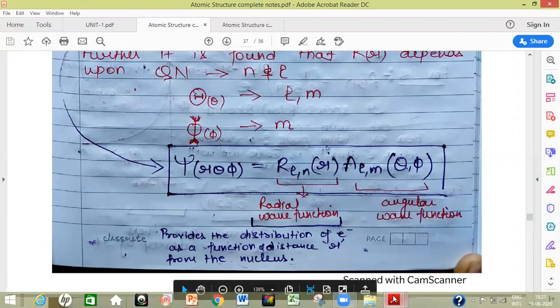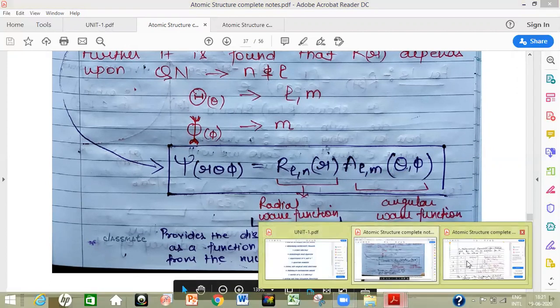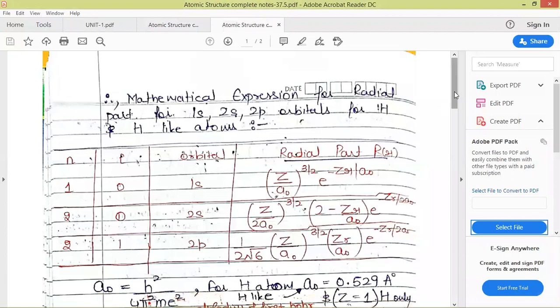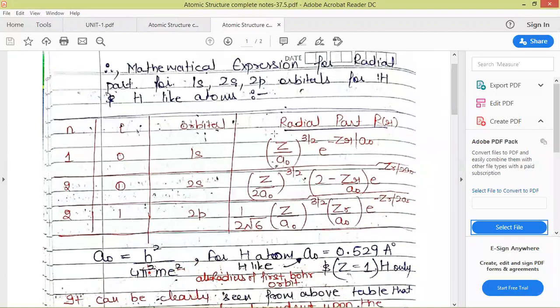So let's first discuss the radial part. These are the solutions for the radial part of the wave functions for different orbitals. Here we have taken the 1s orbital, for which n is 1 and for s the value of l is 0, and the solution of the radial part comes out to be this.